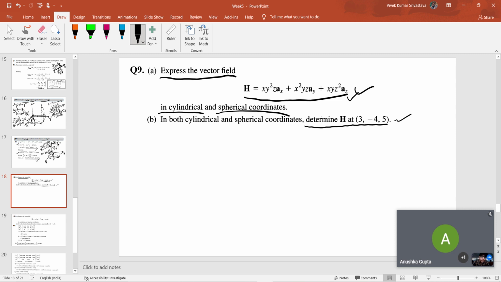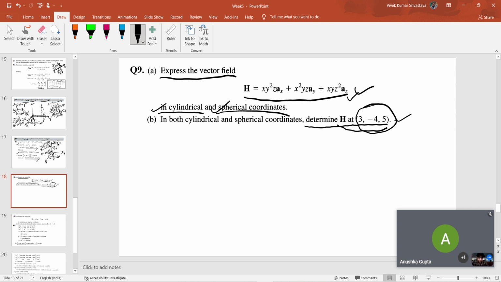So for finding out the value of H at this point, you have to directly put the values x as 3, y as -4 and z as 5 here. That's how you can determine the value of H at any given point. Whereas in the first part we have to first convert this vector H into the cylindrical and spherical coordinate systems. So how to do this, that is the question.